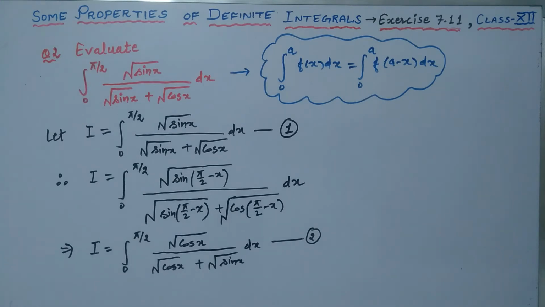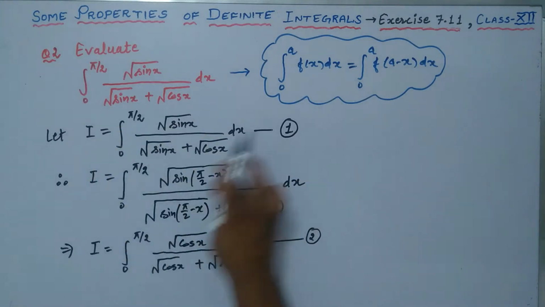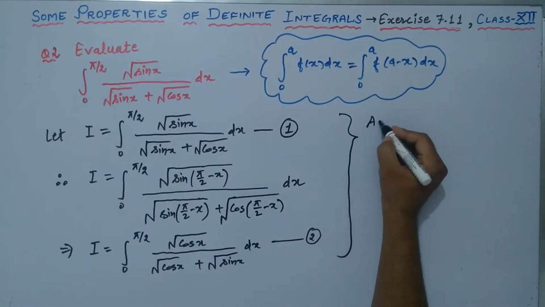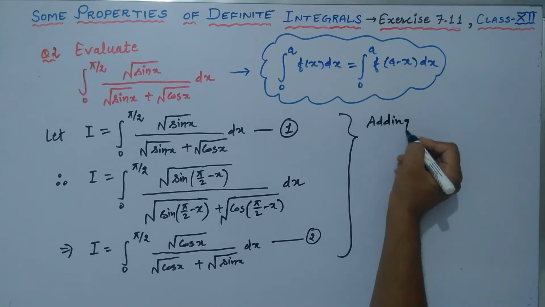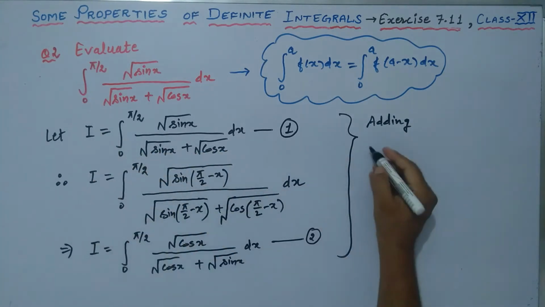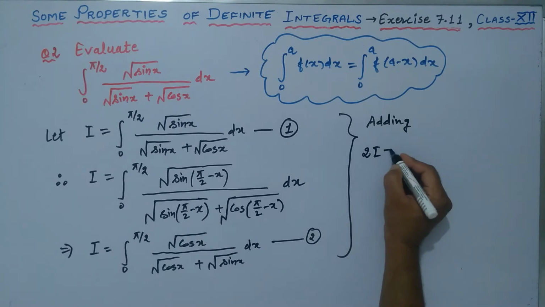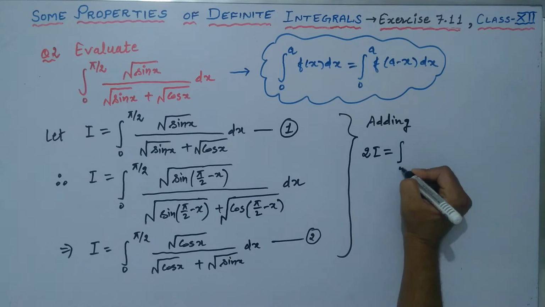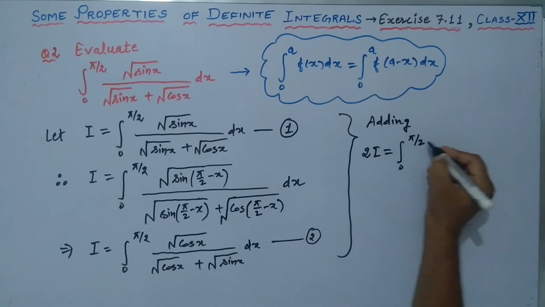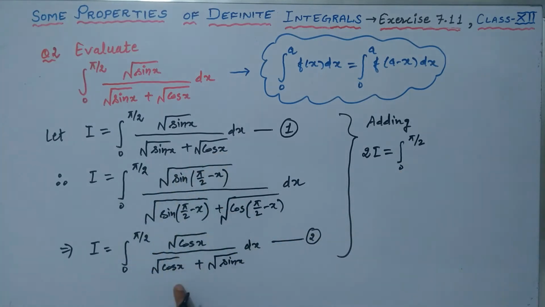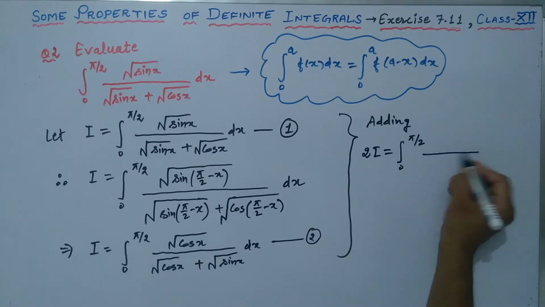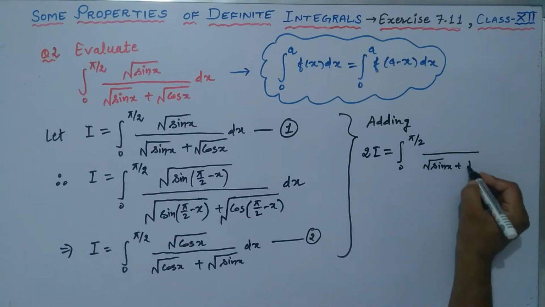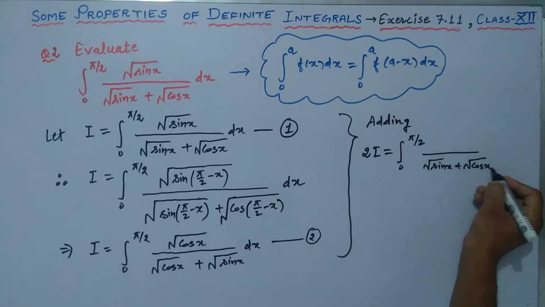So from equation number 1 and equation number 2, adding these two equations, I plus I is equal to 2I. On the right hand side, because the limit is the same, we write this one time, 0 to pi by 2. Again the denominator is the same, so we write it one time, square root of sine of x plus square root of cos of x.